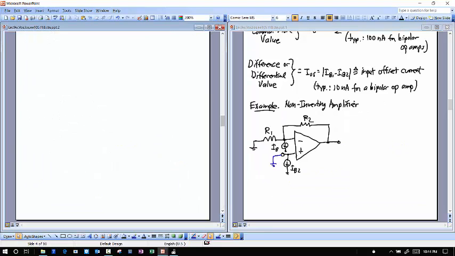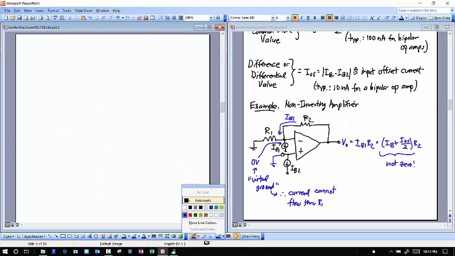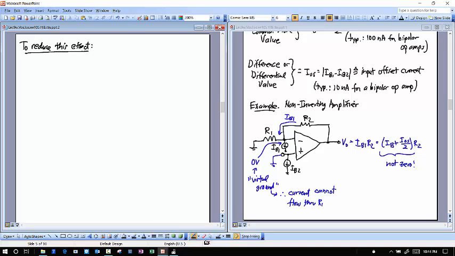And so if that's an effect that I don't like, then I'm going to be looking for some kind of solution to this. So to reduce this effect, we're basically going to add a resistor to the positive input.